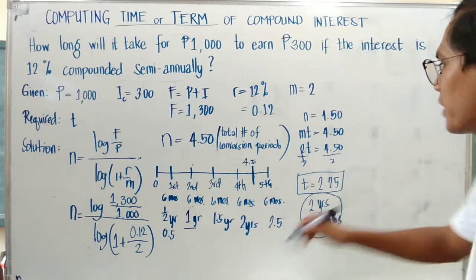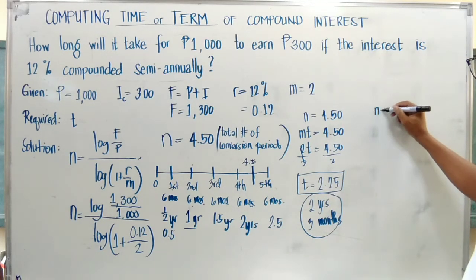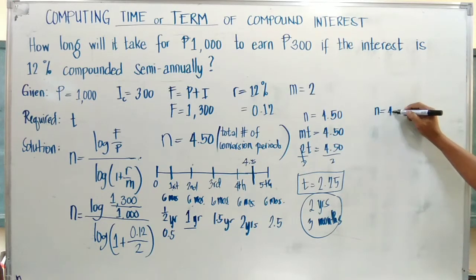But using the illustration and analyzing, we have n is equal to 4.5.